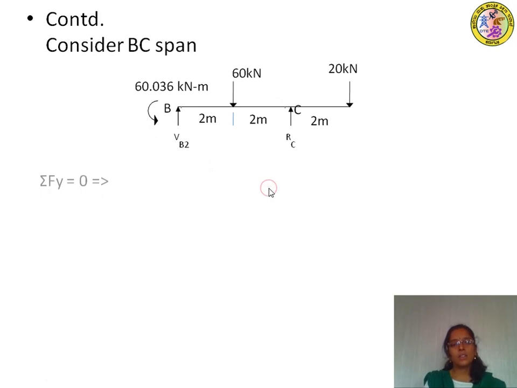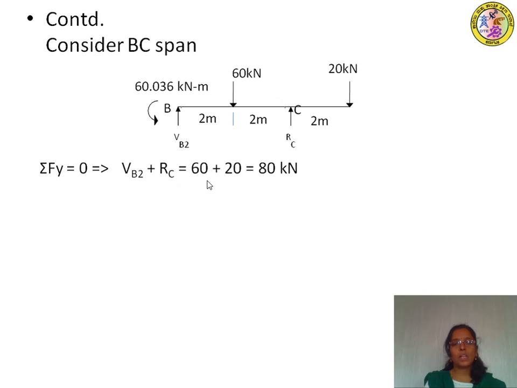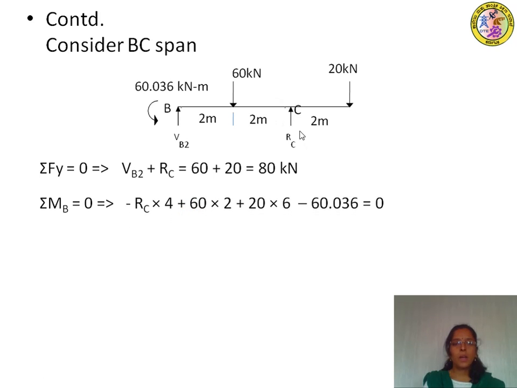So let us consider the equilibrium condition of sigma Fy is equal to 0, which implies VB2 plus RC is equal to 60 plus 20 is equal to 80 kilonewton. Next, apply sigma MB is equal to 0. That means take moment of all the forces about B and equate it to 0, which implies minus RC.